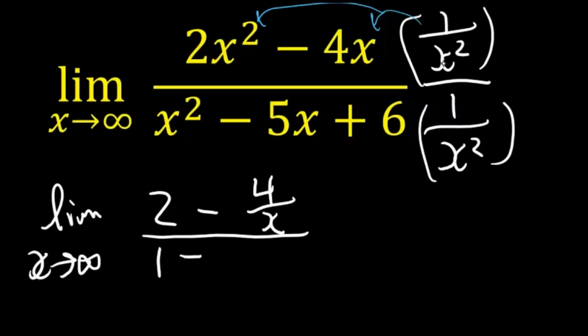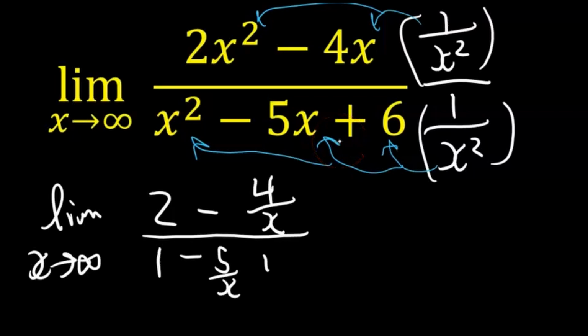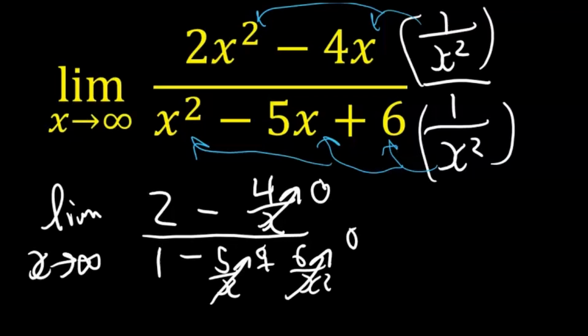In the denominator, we're left with 1 because x squared cancels with x squared, and then 5 over x and 6 over x squared. If we apply the limit, this term goes to 0, this term goes to 0, this term goes to 0, and we're just left with 2 over 1, which is 2. So the answer is 2.